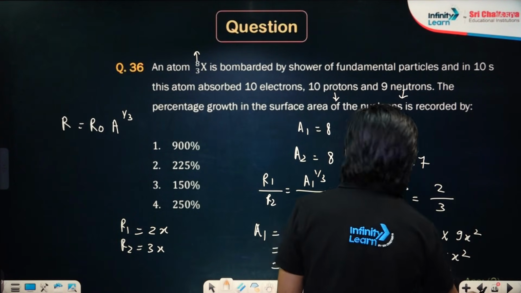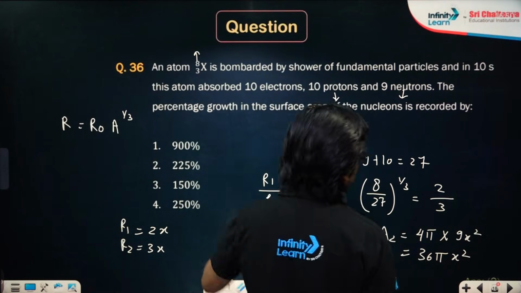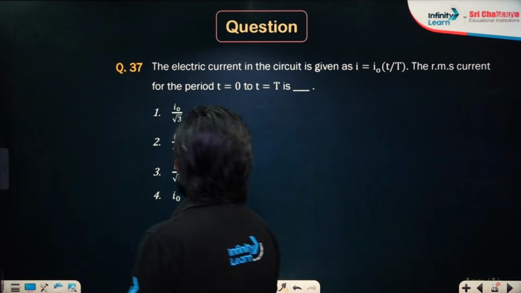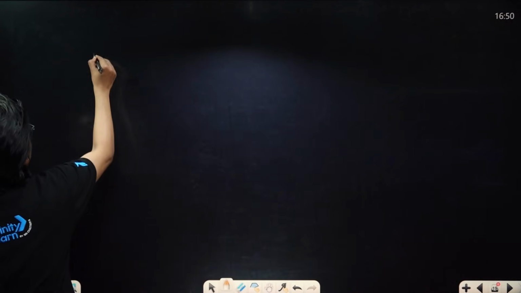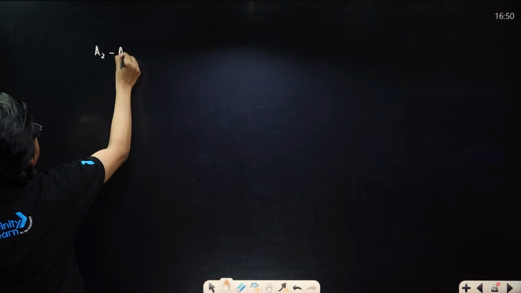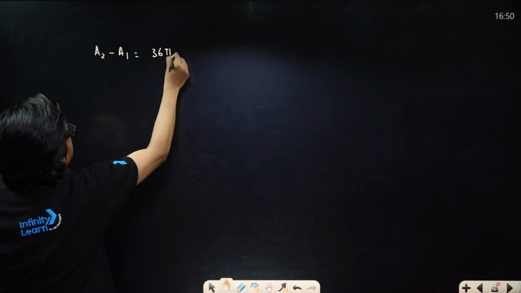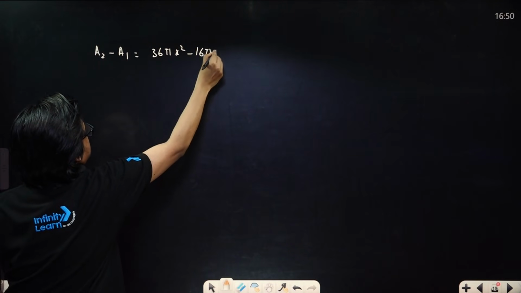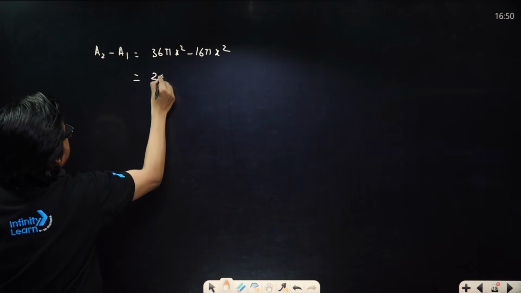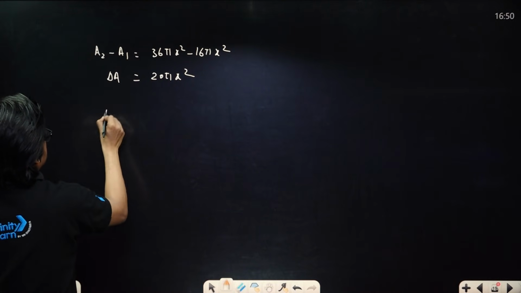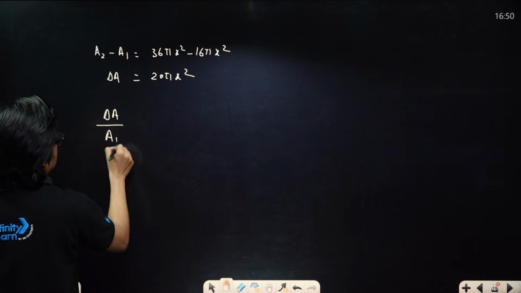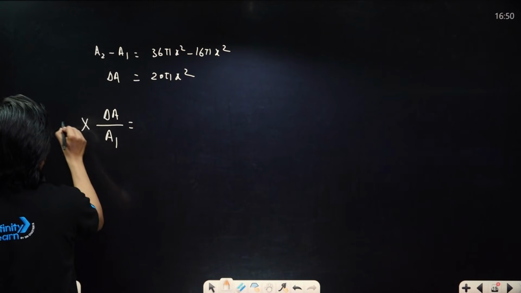If you see the change, percentage growth. So you calculate A2 minus A1. A2 minus A1 is equal to 36 pi x square minus 16 pi x square, 20 pi x square, that is the growth, delta A let me call it. Percentage growth is delta A by A1 into 100.